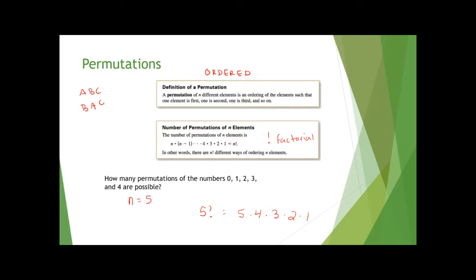Some calculators have a shortcut button for the factorial, some don't, so you'd have to look up your calculator. But 5 times 4 is 20, times 3 is 60, times 2 is 120. So there are 120 different permutations, ordered sets of the numbers from 0 to 4.